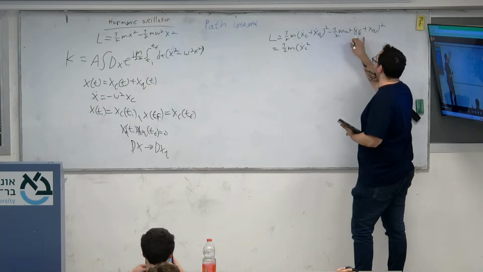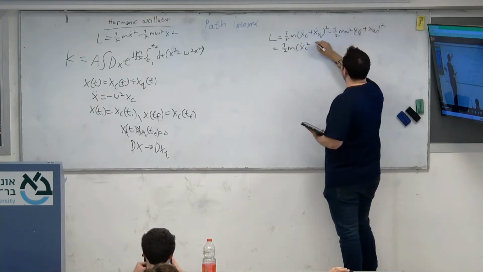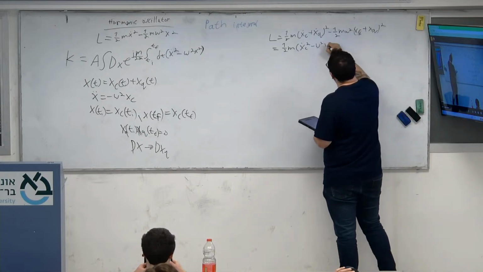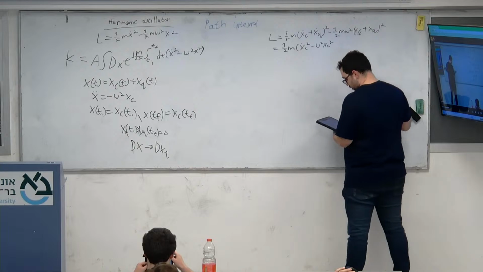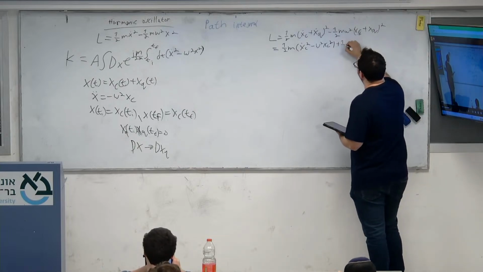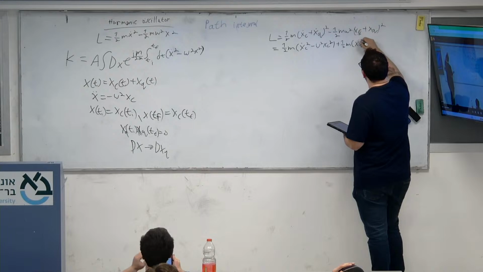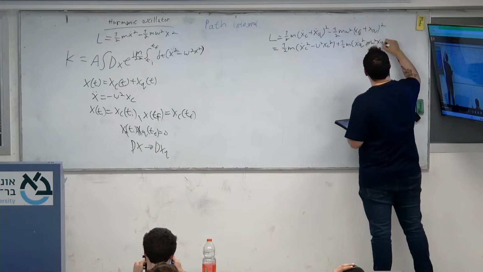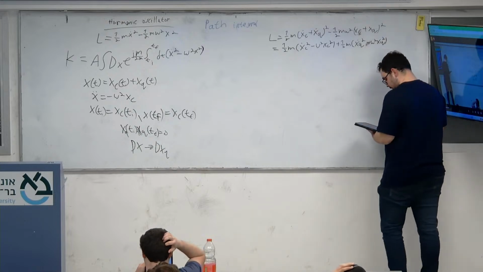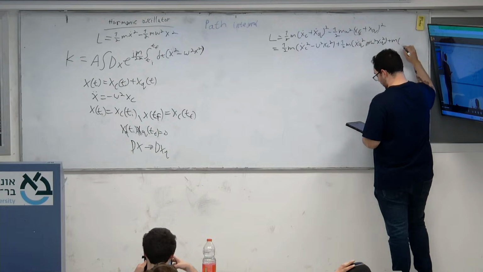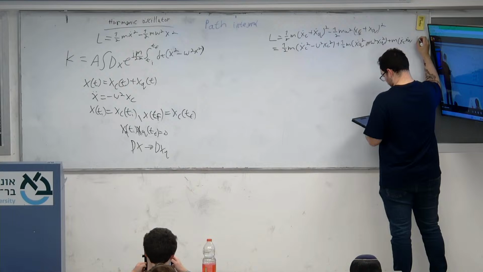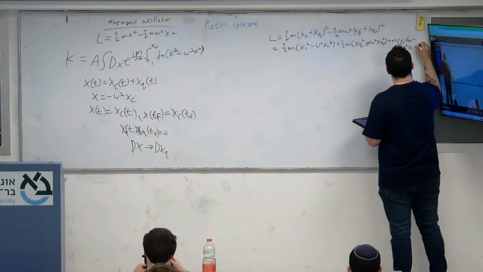Now I'm going to combine the classical terms, the quantum terms, and then there will also be a mixture: minus one half m omega squared xc squared, plus one half m xq dot squared minus one half m omega squared xq squared, plus m xc dot xq dot minus m omega squared xc xq.